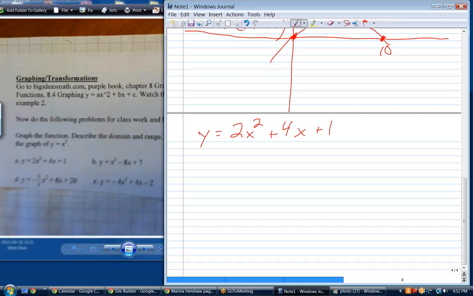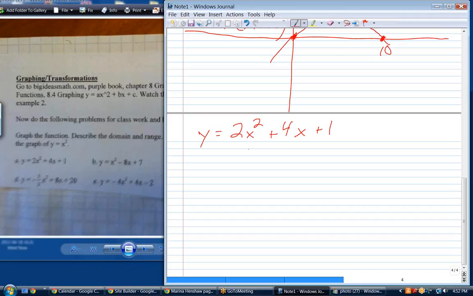That will be in vertex format. We will easily be able to compare it with y equals x squared, and we'll be able to graph it once it's in vertex format, and we'll be able to describe its domain and range.